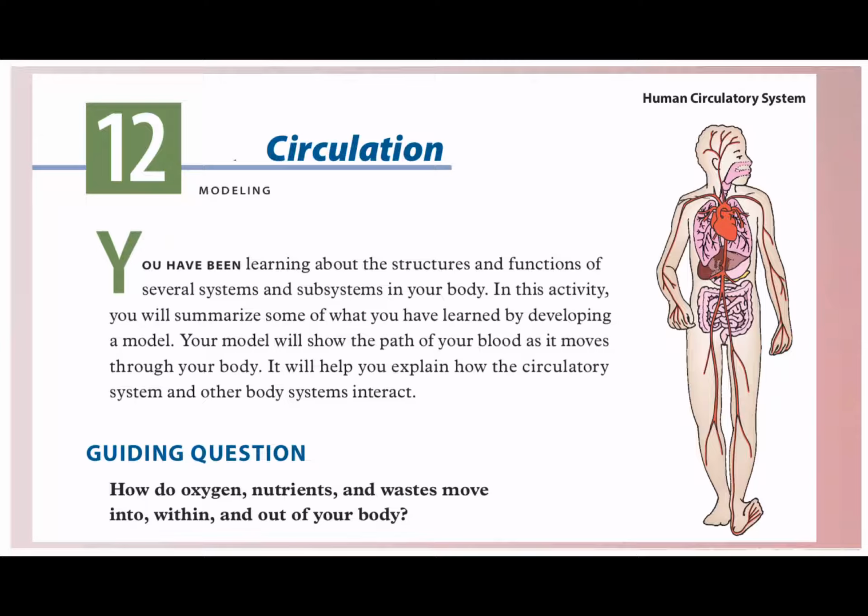And this model is going to show the path of your blood as it moves through your body. And it's going to help you to explain how the circulatory system and your respiratory system and even your nervous system interact and work together. So your guiding question, how do oxygen, nutrients, and wastes move into, within, and out of your body?